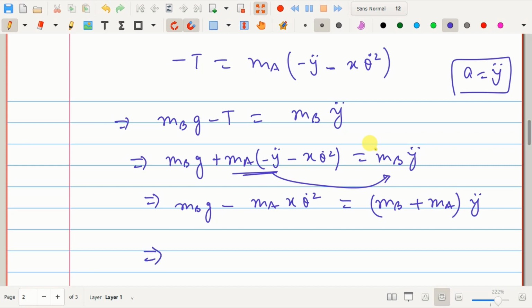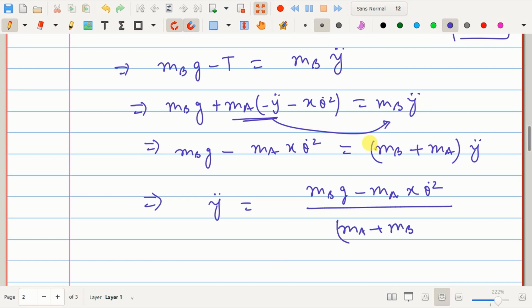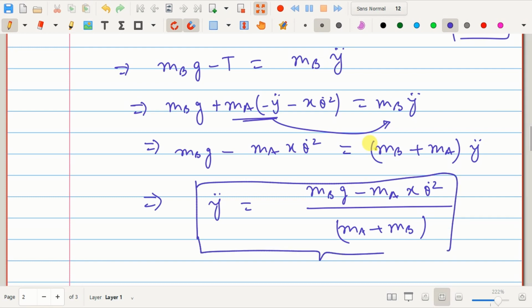So we have followed only mathematics, and similarly we can say that y double dot is nothing but mB g minus mA x theta dot squared over mA plus mB. So we have got an amazing result to find the vertical acceleration.